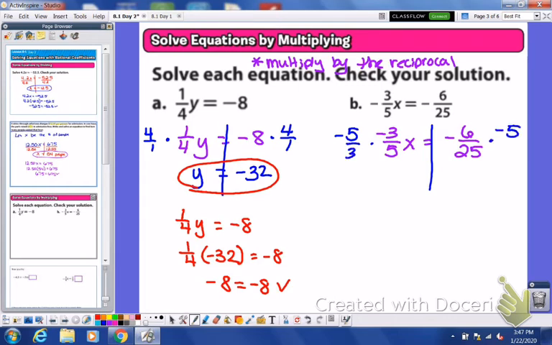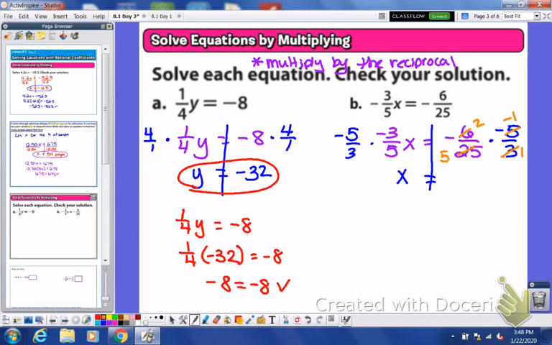Same thing over here, times -5/3. Again, if I did -5/3 times -3/5, I would end up with 1. 1 times x is just x. Equals, okay, I'm going to do a little reducing here. 3 and 6 are both divisible by 3, so 3 becomes 1, 6 becomes 2. 5 and 25 are both divisible by 5, so -5 becomes -1, 25 becomes 5.